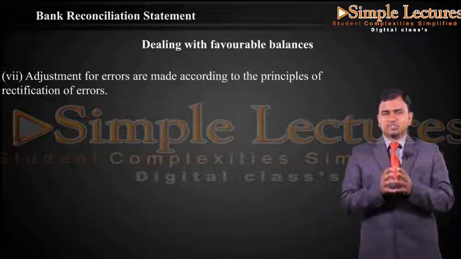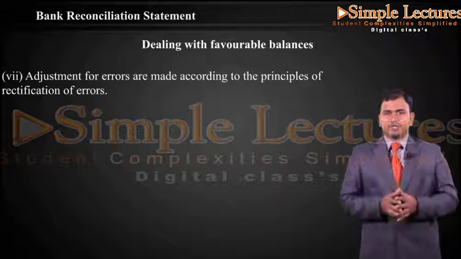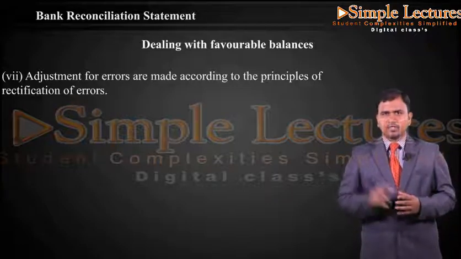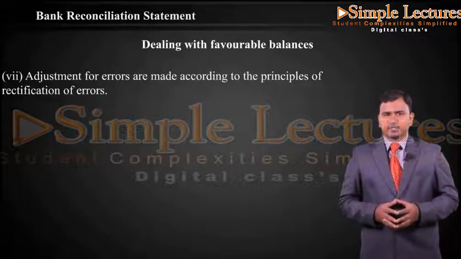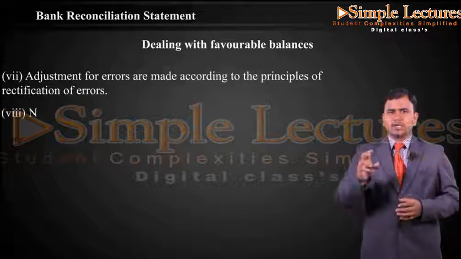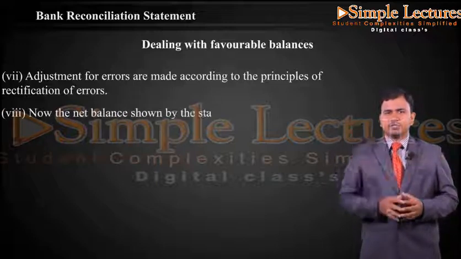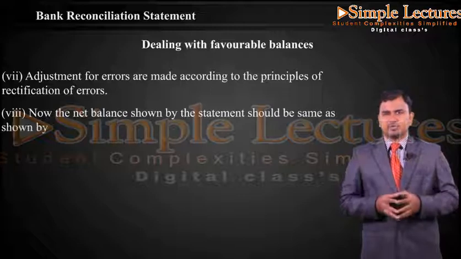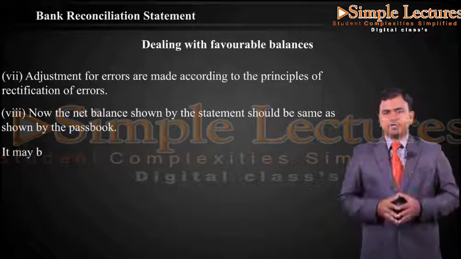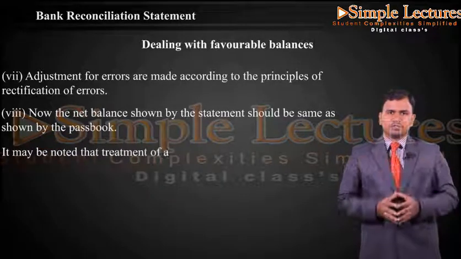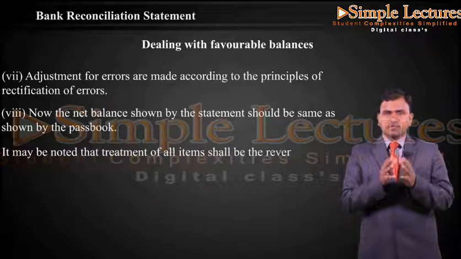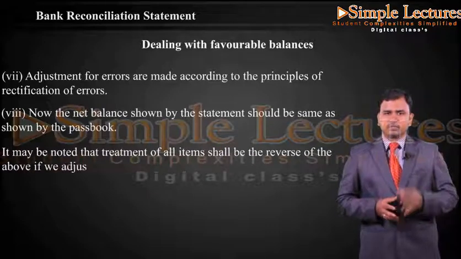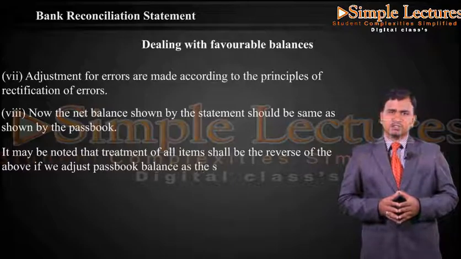So for these adjustments, when coming to the errors, we are going to follow the principle called rectification of errors. And step 8: now the net balance shown by the statement should be the same as shown by the passbook. It may be noted that treatment of all the items shall be the reverse of the above if we adjust passbook balances as the starting point.